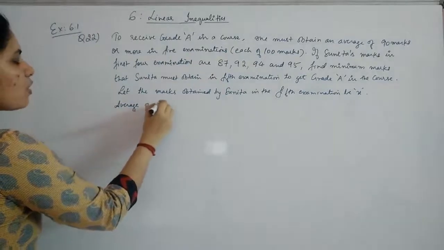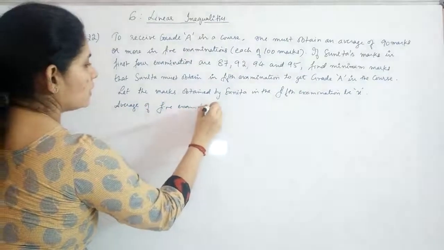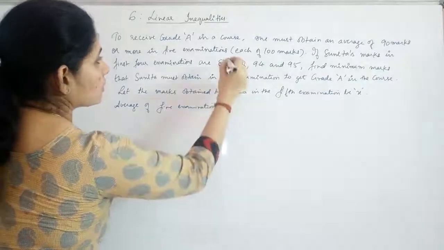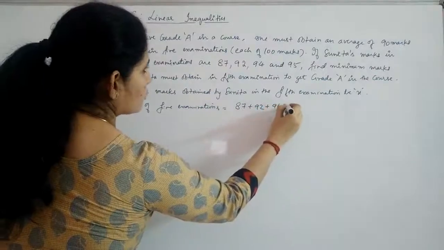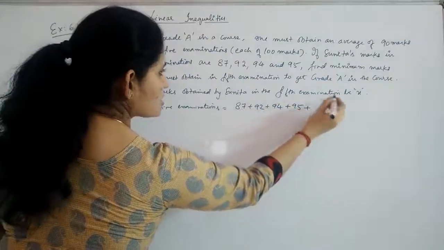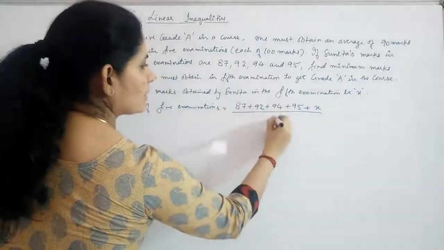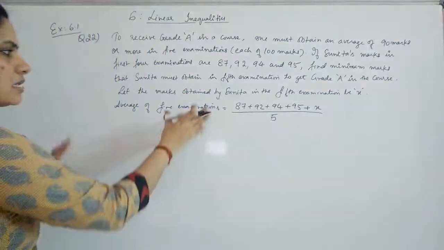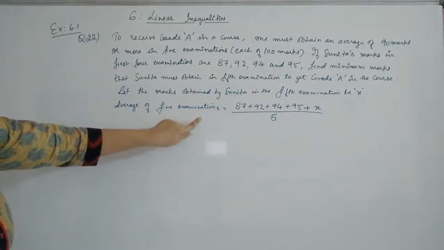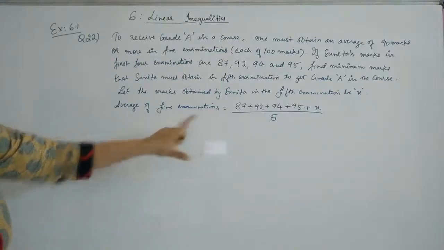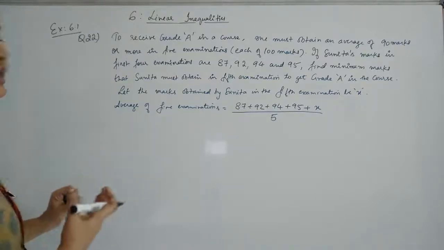Therefore, average of the 5 examinations will be 87 plus 92 plus 94 plus 95 plus the 5th examination's mark, divided by how many are they? 5. So it is divided by 5. So this is the average of the examinations. And what they are saying is, the average should be minimum 90 marks in order to get A grade in the course.